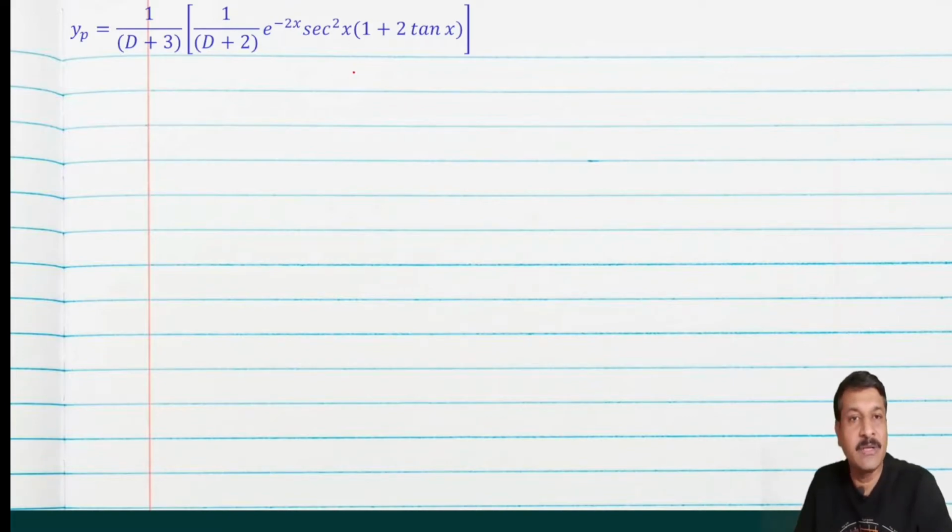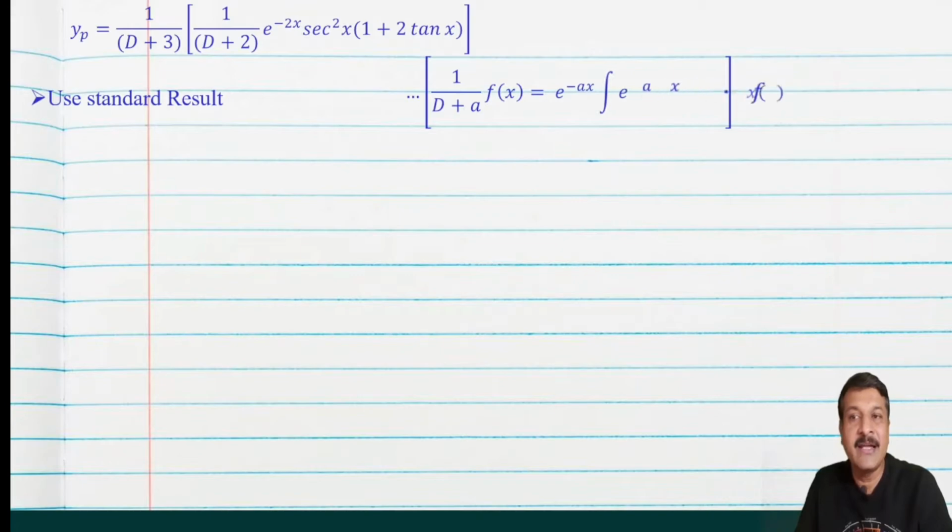As we know the formula, what is that formula? 1/(D + a) operating on f(x) is what? That is equal to: same sign inside, opposite sign outside. That is why I am getting e^(-x) ∫ e^x f(x) dx.